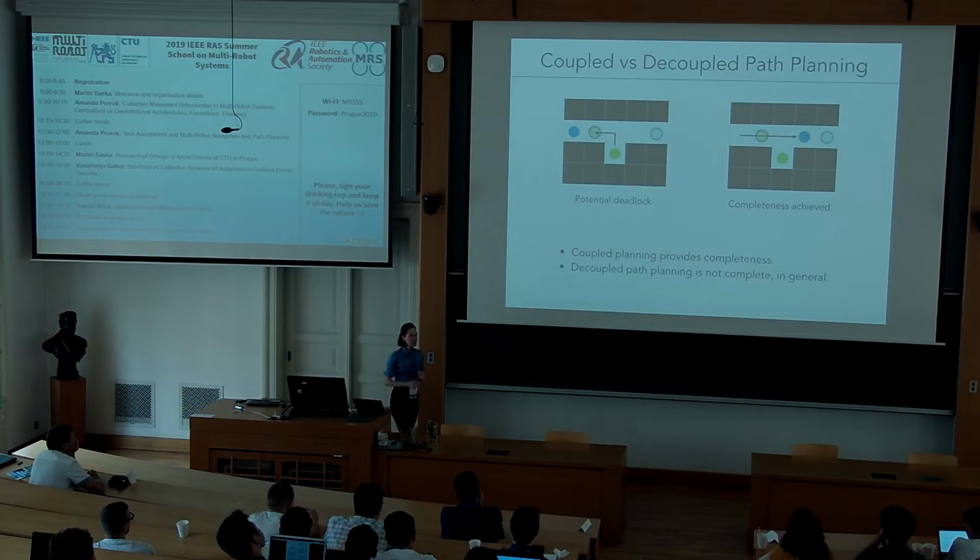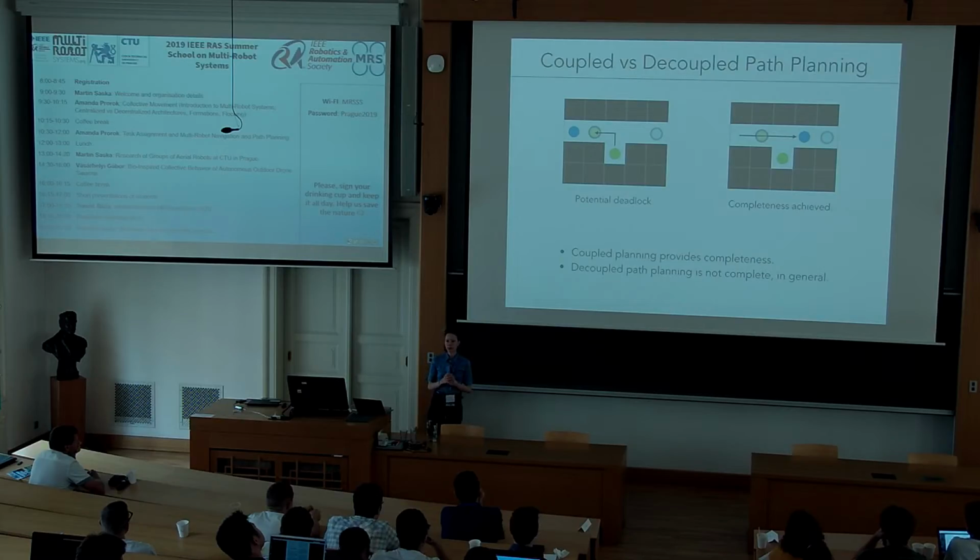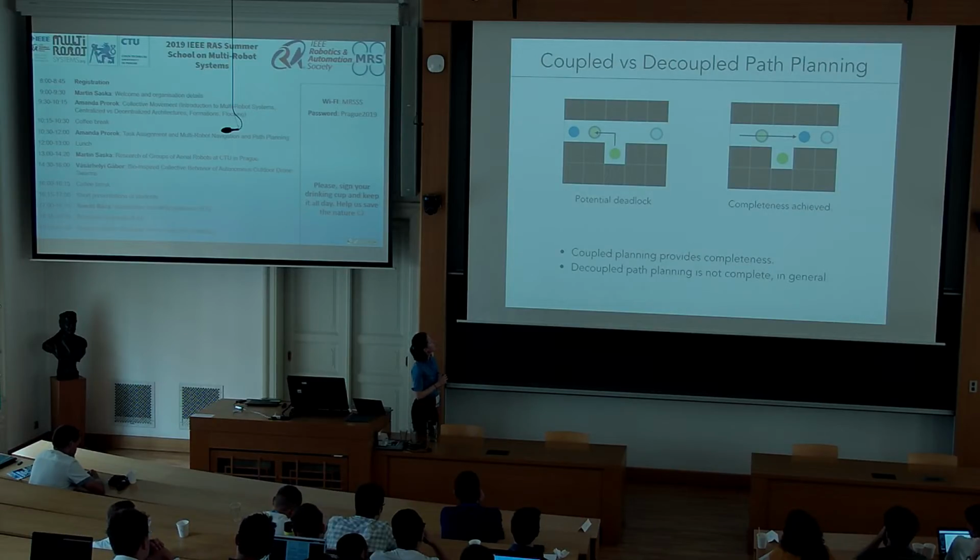So what does it mean now if we try to couple or decouple the system, and what is the impact of either one of these two mechanisms for the path planning problem? If you look at these two graphics here, you can see a green robot and a blue robot, and they both have these predefined goal locations that they want to reach.